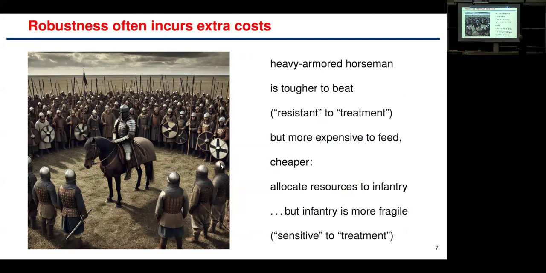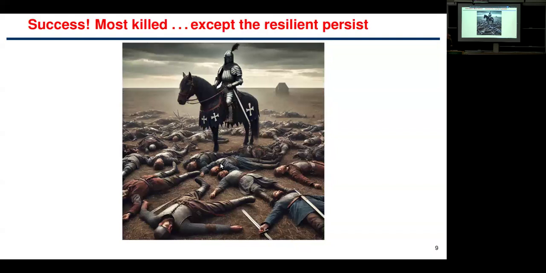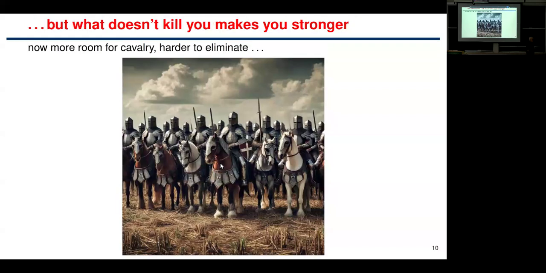And if we now apply target therapy, pun intended, we can get rid of the infantry, but now we have plenty of more room for feeding this horsemen, right? That then we cannot get rid of. So if nothing else, we remember these pictures from the lecture, okay?